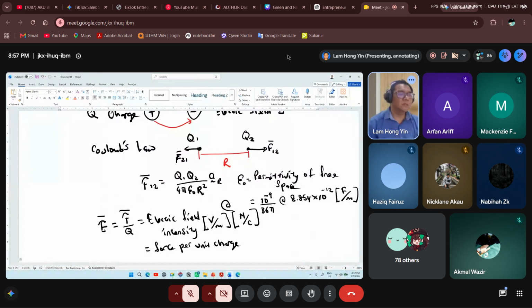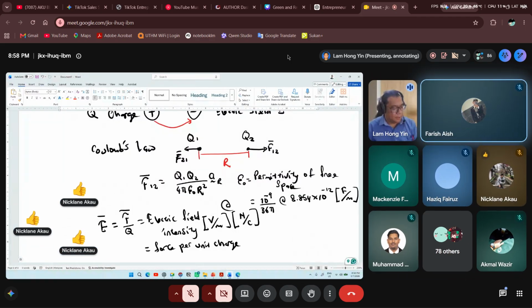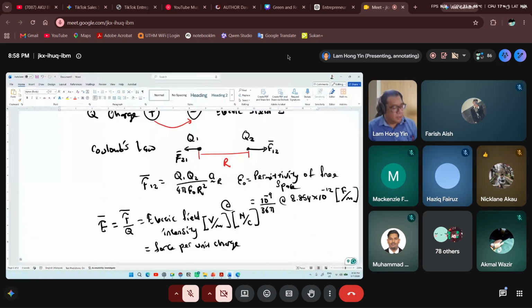Either one is correct, but the normal one we always use is volts per meter. This is the relation between the force and the electric field intensity. Okay? Can, guys?